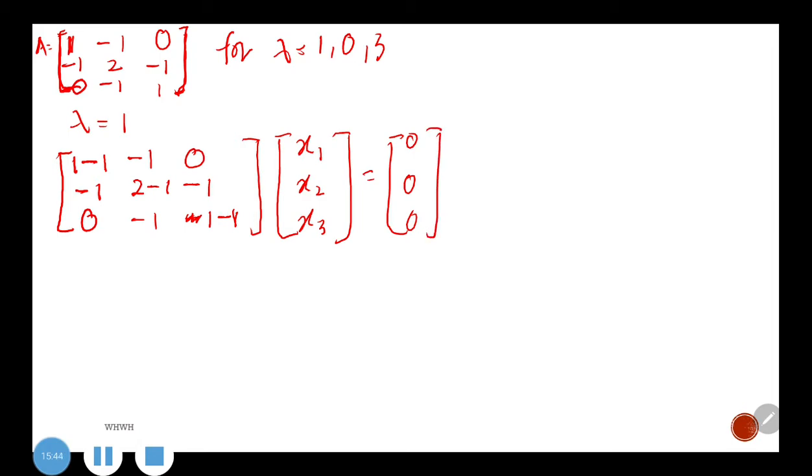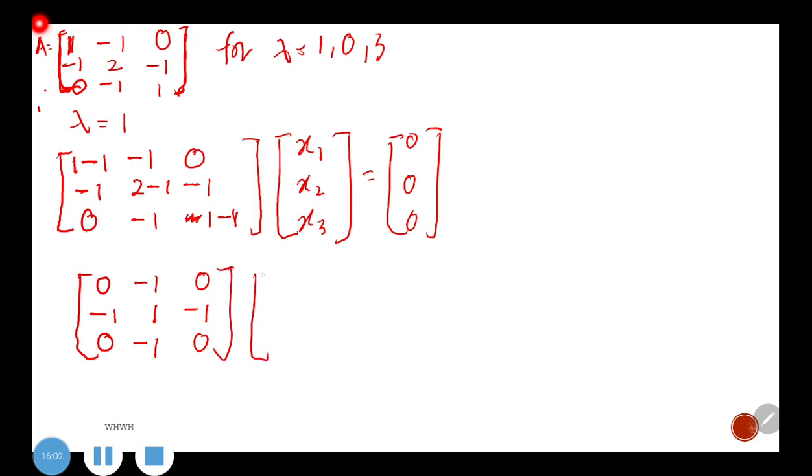So what will you have here? 1 minus 1 with 0, negative 1, 0, negative 1, 1, negative 1, and then here 0, negative 1, 0. Right? So here we have x1, x2 and x3. Step by step dah ni saya tunjuk ni. 0, 0, 0.